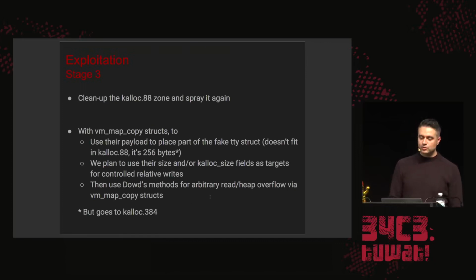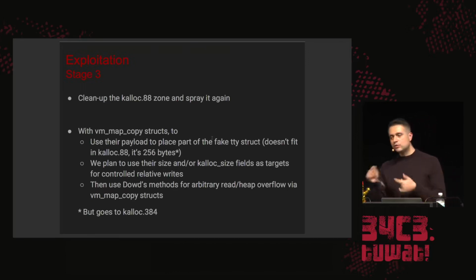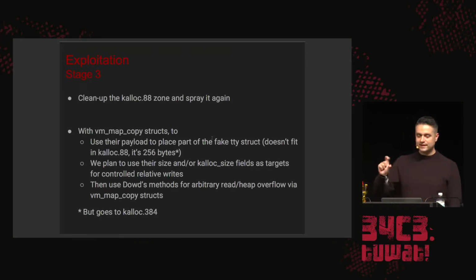The problem at that point was that the TTY struct was 256 bytes, and the calloc88 slots are only 88 bytes. So with just the first 88-byte elements, I couldn't get to the path that was giving the write. So I needed to find some other way to host my fake TTY struct.